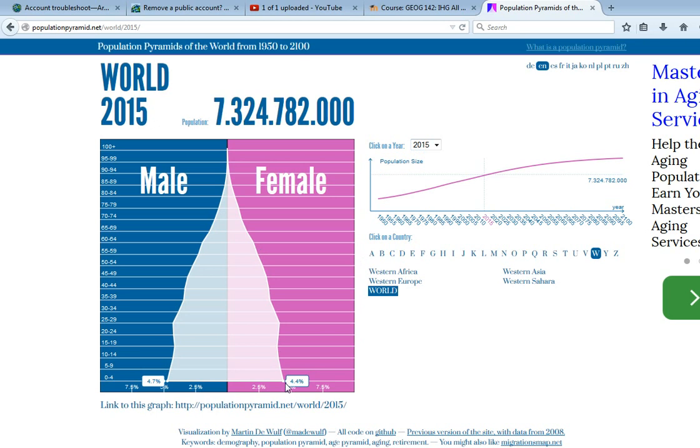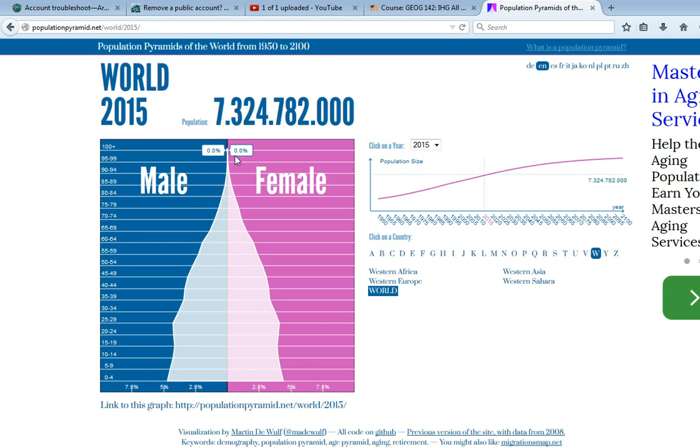You can see that the base is not completely wide. So only 4% of the population is in this 0 to 4 age range.